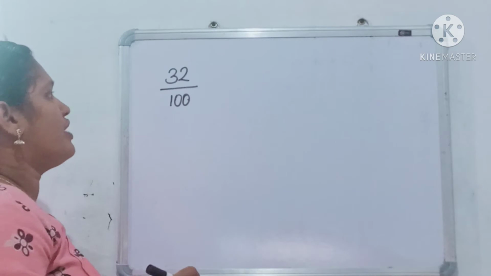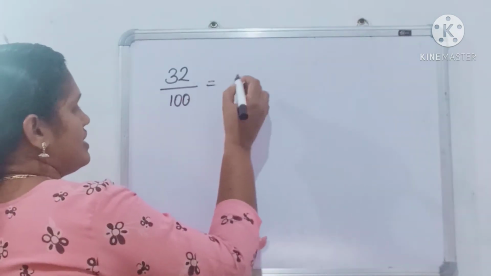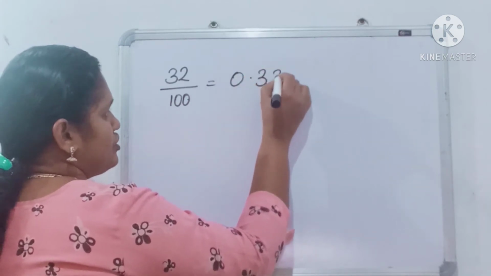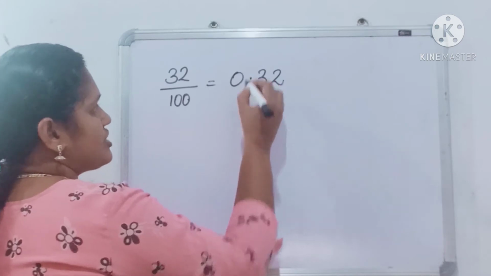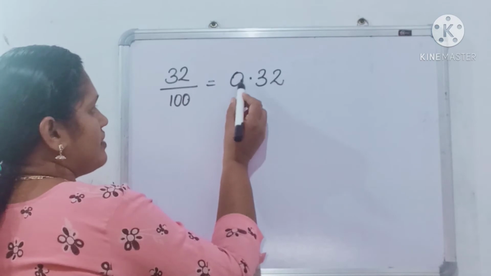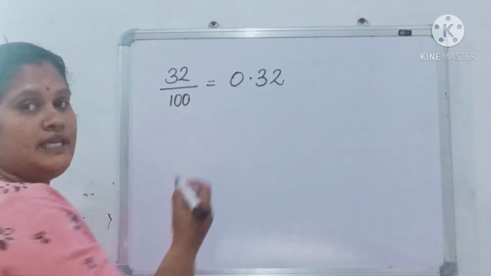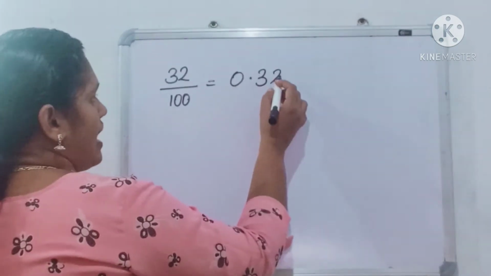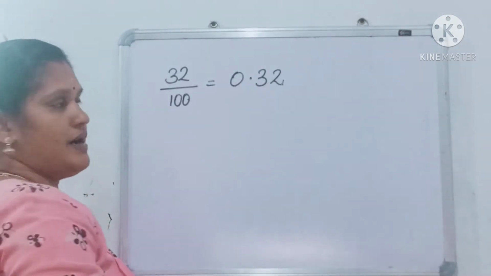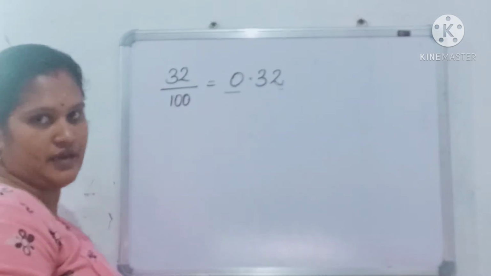What is the corresponding decimal number of this decimal fraction? Equals 0.32. This point is called the decimal point, and the left side of the decimal point is called the whole number part, and after the decimal point this part is called the decimal part.